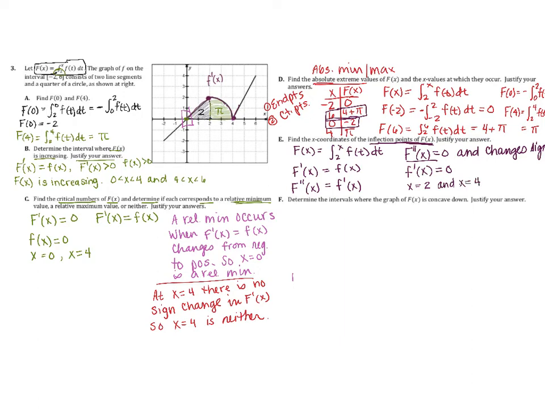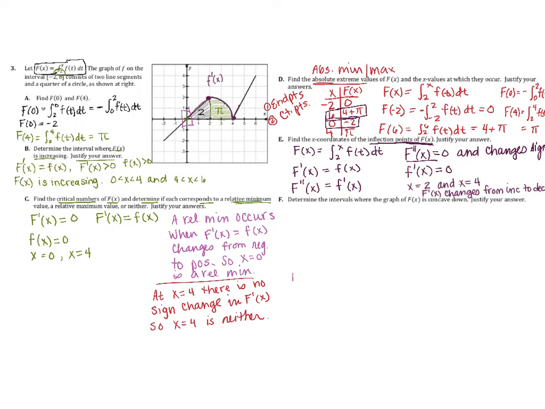Now our justification, why in the world do I know we have that to happen? Because I know that f prime changes from increasing to decreasing, or vice versa. So either way, you have that change going on.